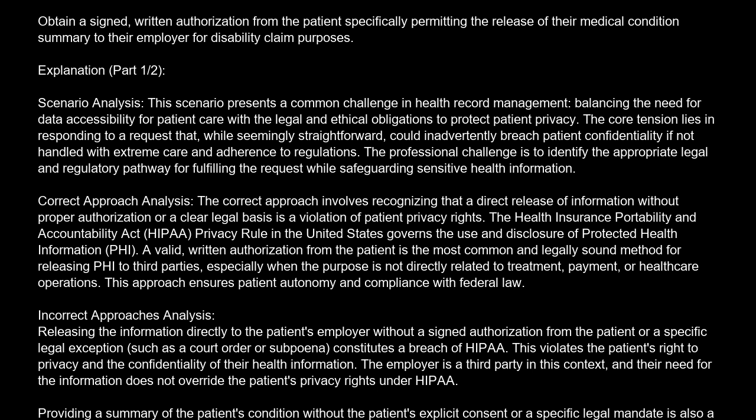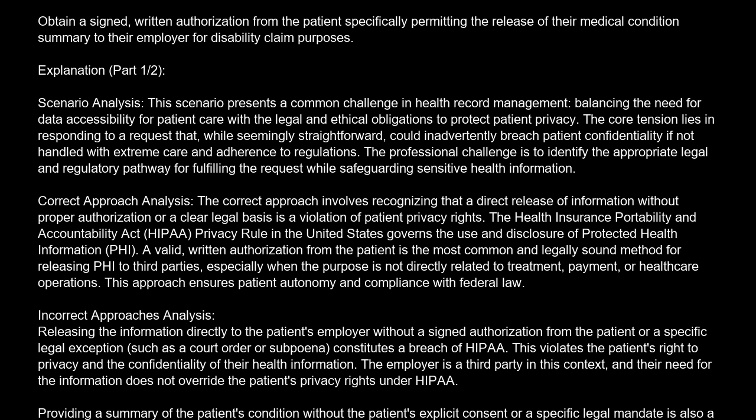The Health Insurance Portability and Accountability Act, HIPAA, Privacy Rule in the United States governs the use and disclosure of protected health information. A valid written authorization from the patient is the most common and legally sound method for releasing PHI to third parties, especially when the purpose is not directly related to treatment, payment, or healthcare operations. This approach ensures patient autonomy and compliance with federal law.